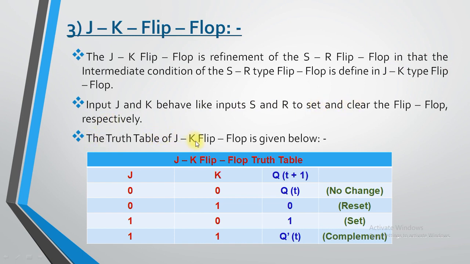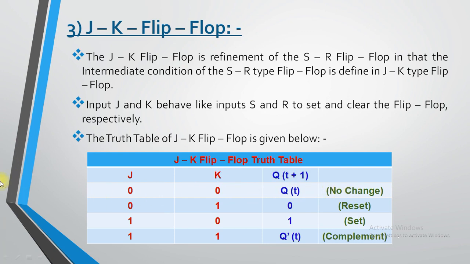The truth table of the JK flip flop is given here below. When J equals 0 and K equals 0, the next condition would be no change. This is the same as the SR flip flop.